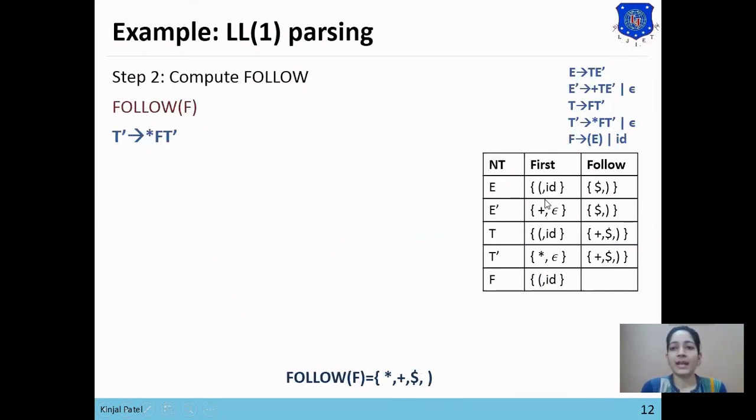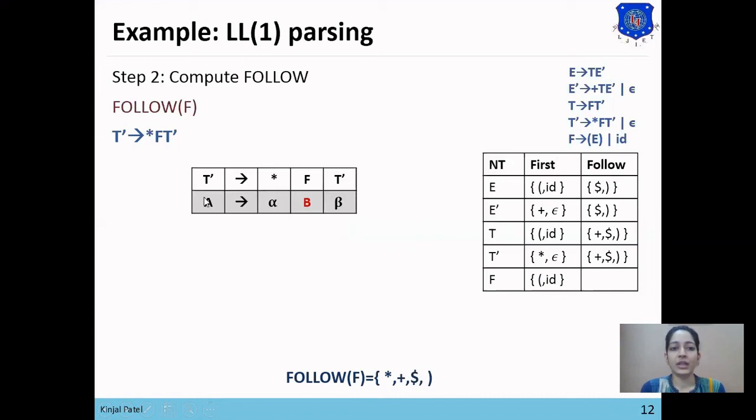Now we will apply the rule to T dash produce star Ft dash, as F is present in the fourth statement of our given grammar. So we'll compare this with the statement of the rule. T dash produce star Ft dash matches with the statement A produce alpha B beta.